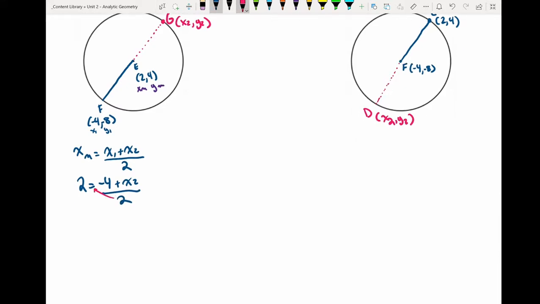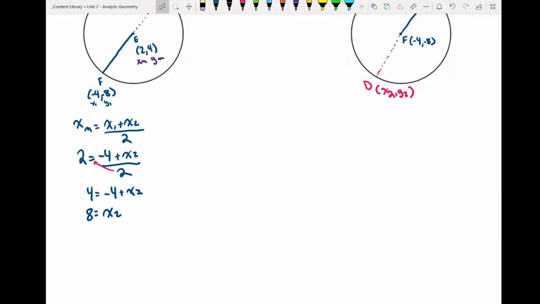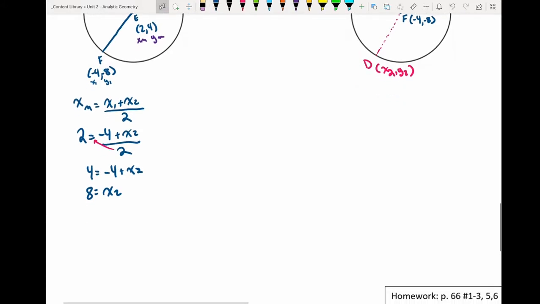The 2 comes up to the other side, so we get 4 equals -4 plus x2. And then when we solve this, 8 equals x2. So I found the x value of my endpoint.